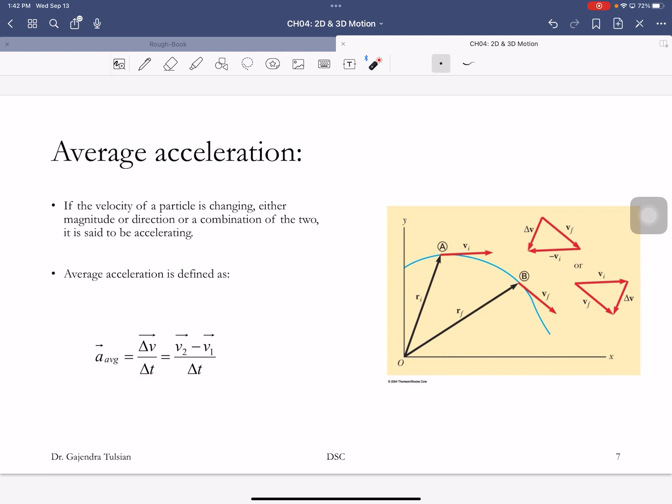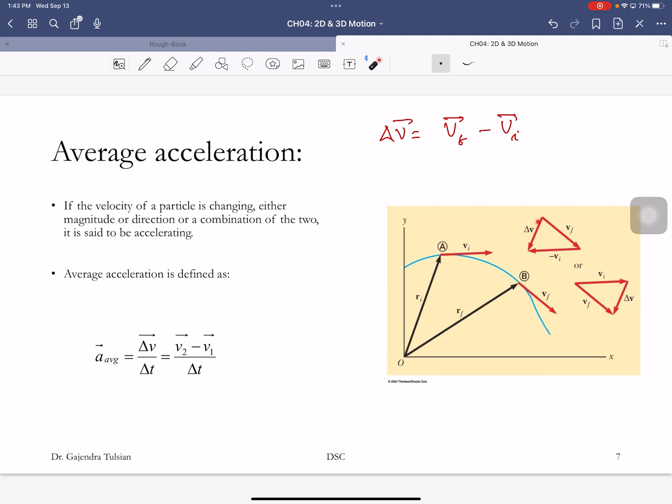Okay, in this diagram, they're showing you the change in velocity. Change in any quantity is that quantity at the final time minus the initial time. Okay, so here was the initial velocity, and negative of that is that. So v final minus v initial is that. So here's the change in velocity.